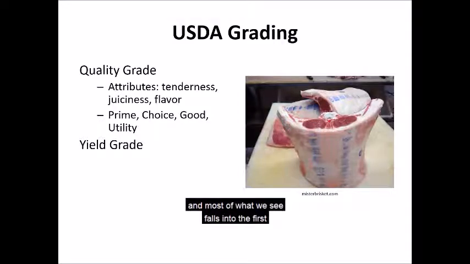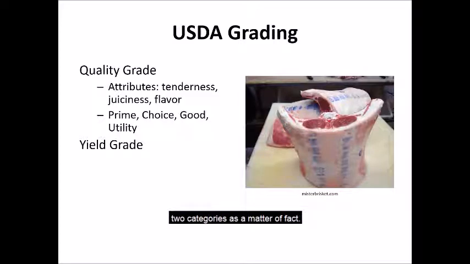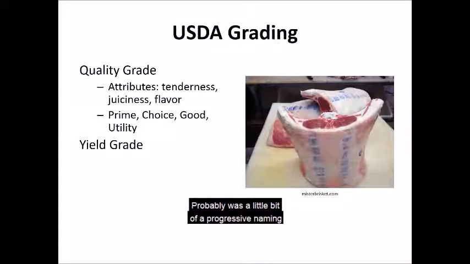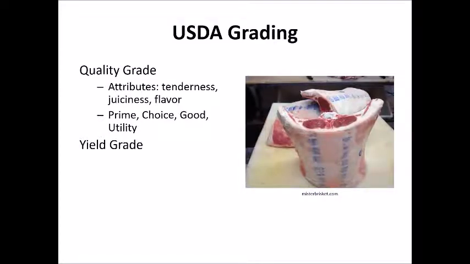And most of what we see falls into the first 2 categories, as a matter of fact. There occasionally are some good grade lambs. They're not very good. Probably was a little bit of a progressive naming situation there with good grade lambs. Most lambs are prime and choice.